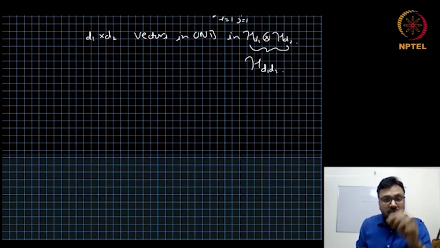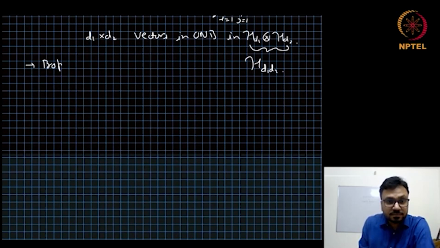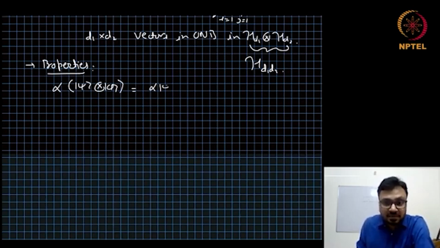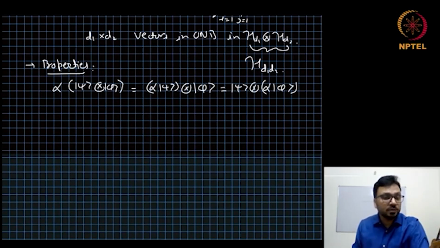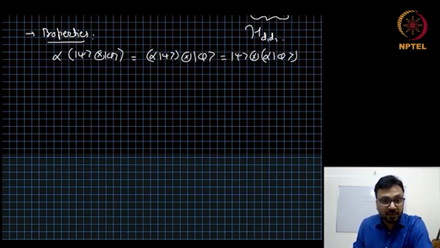Now let us discuss some properties of the tensor product. If we multiply the tensor product psi tensor phi with a scalar alpha, then it is the same as alpha multiplied with psi tensor phi, and this is the same as psi tensor alpha phi. So it's linear in both the arguments psi and phi.